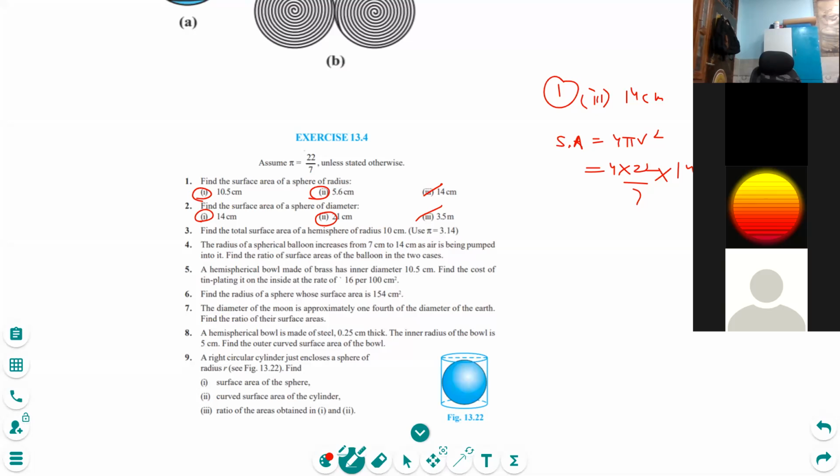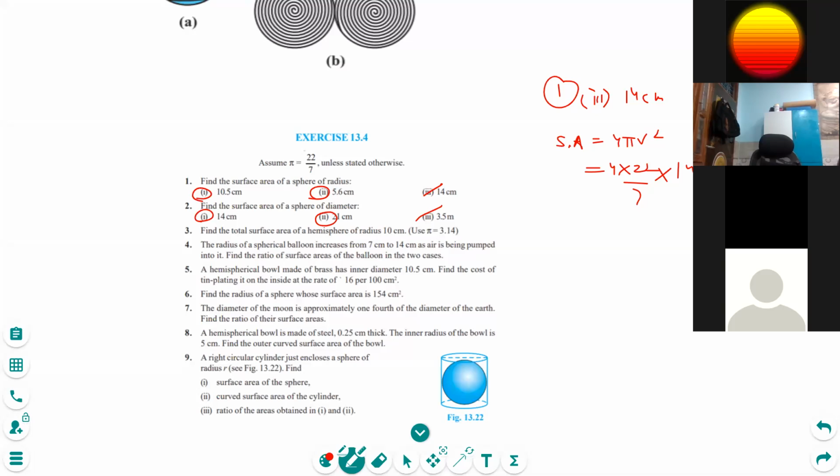Password is, let me mute, 2271 8284. Hope no one wrote it down. Did any kid write down the password?